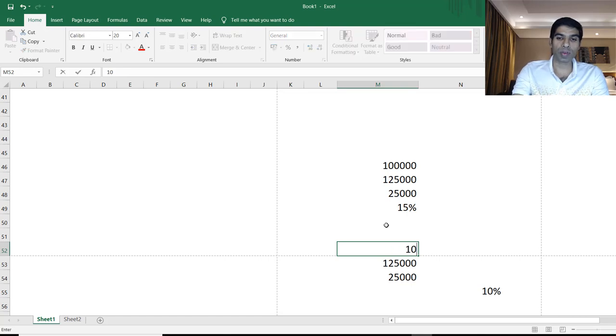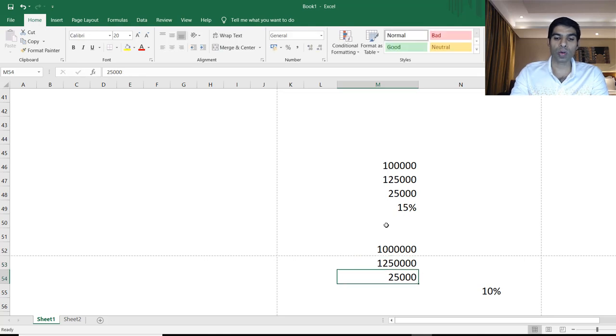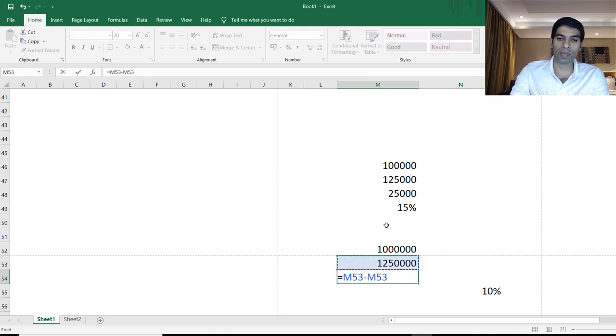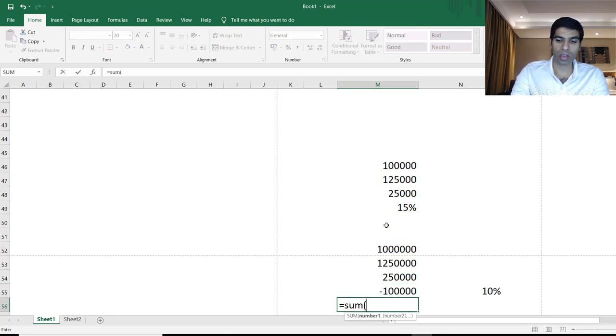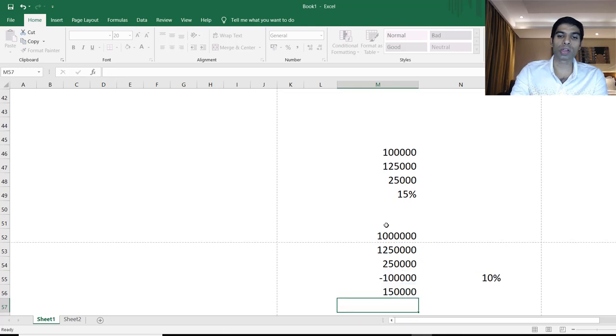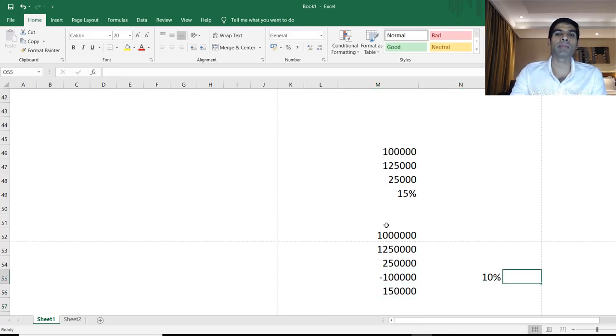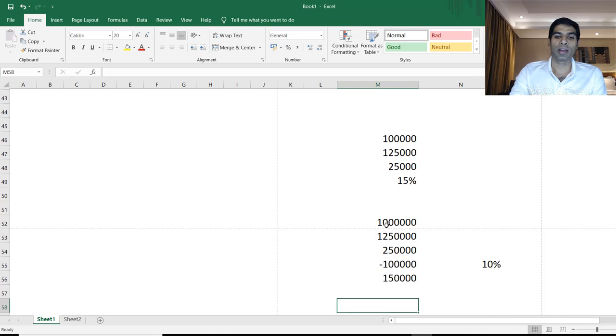If it was, let's say, 10 lakh and has now become 12 lakh 50,000, your overall gain would now be 2,50,000. So you'll subtract 1 lakh from it. This is your long-term capital gain, and on this you'll be paying 10%, right?